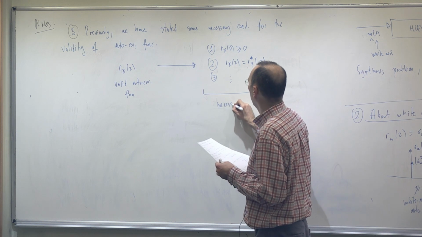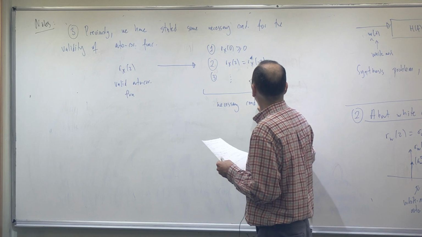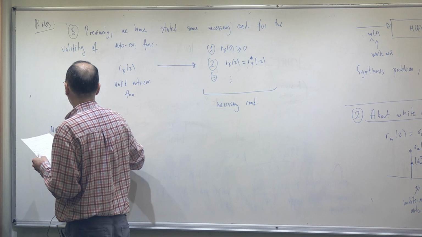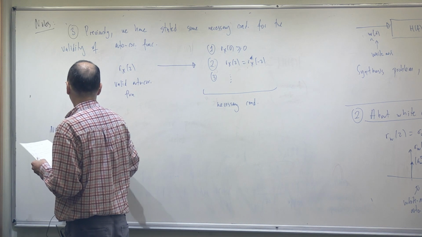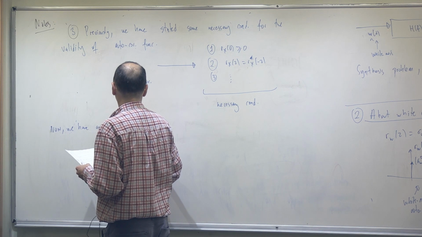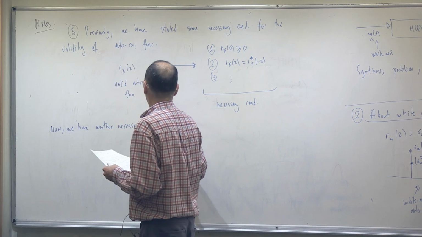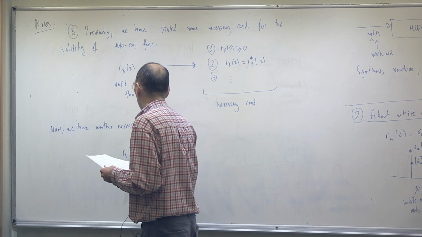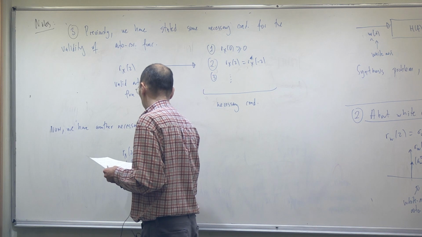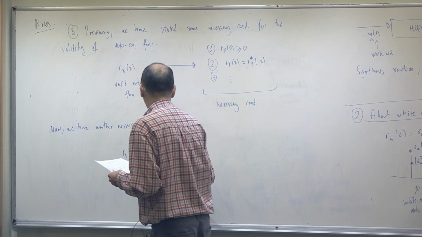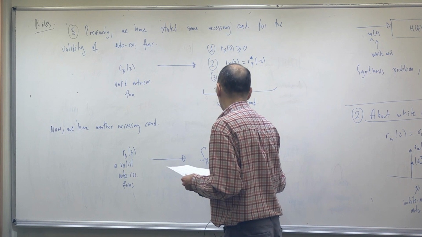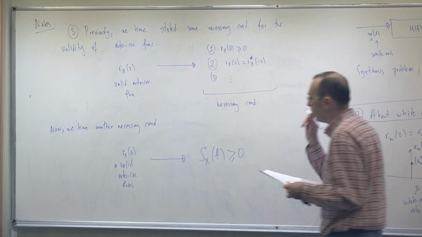Actually, we had a discussion about this. Now we have another necessary condition. For Rx of tau, a valid autocorrelation function, we say that its Fourier transform, Sx of f, is positive valued.